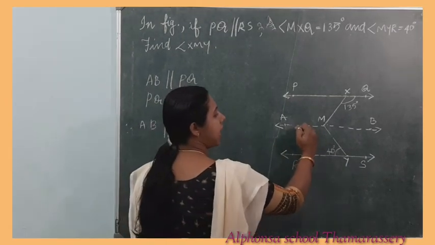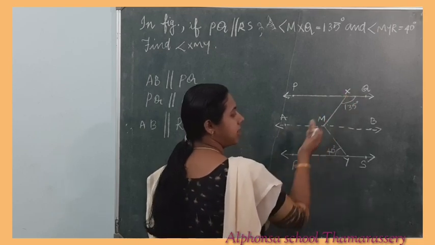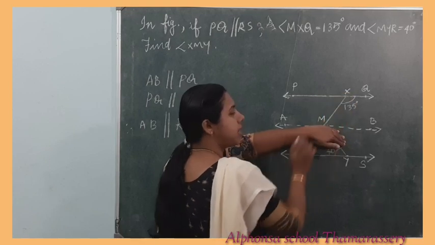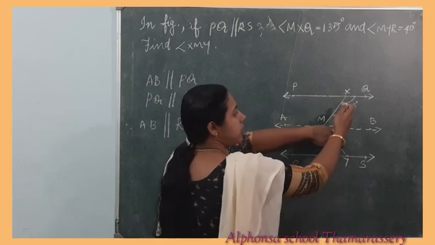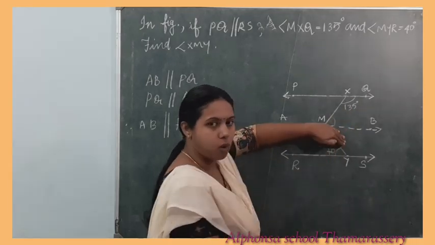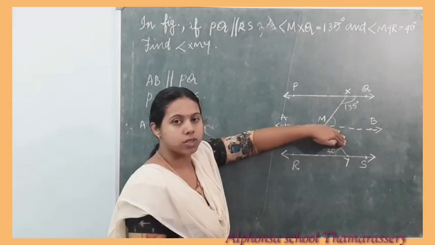If AB is parallel to PQ, that means MX is the transversal. These two lines are parallel, so this is the transversal. This angle is given, so you are able to find this angle because the sum of these two angles is 180 degrees. Angles on the same side of the transversal are supplementary.